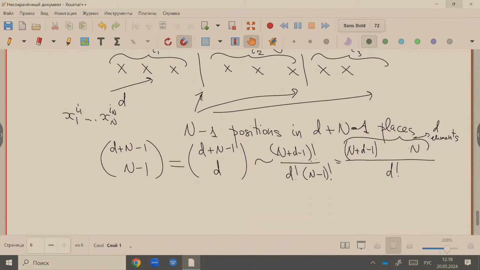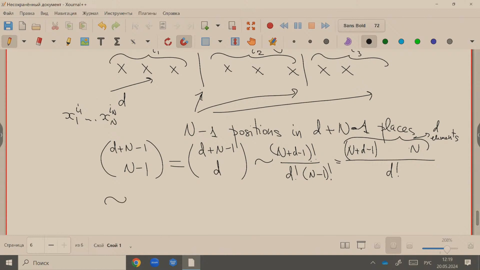Now let us ask what the asymptotics is with respect to d when d tends to infinity and n is fixed.